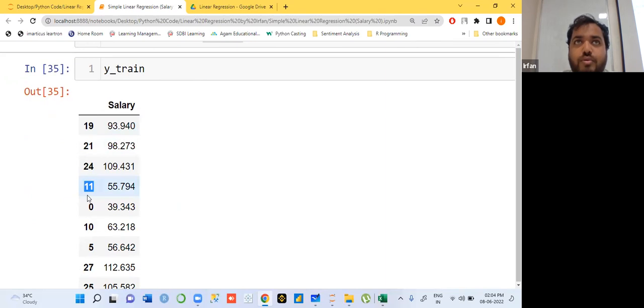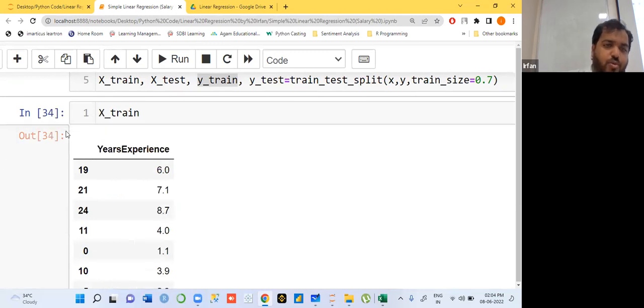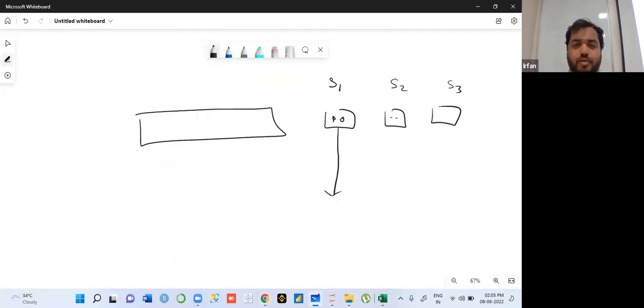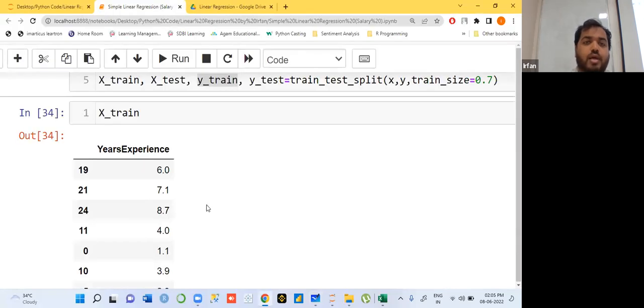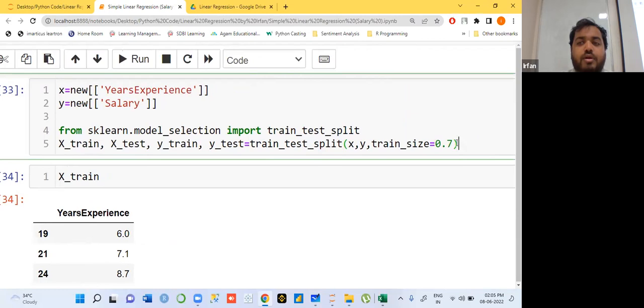Yes or no? Anyone, please remember these row numbers. What do you pick up? 19, 21, 24, 11, 0. Guys, here do I specify a bogie number anywhere?